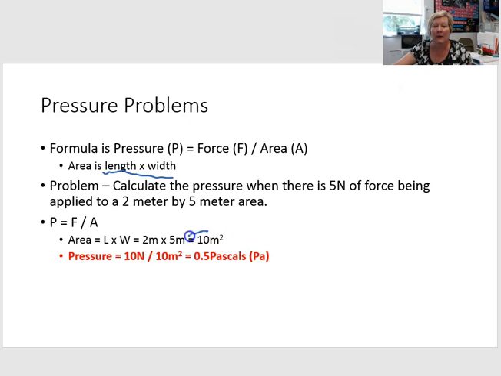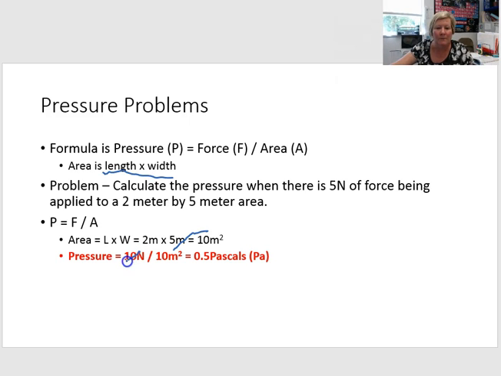We're going to plug the area into our formula. Pressure then is 10 newtons, that's our force, divided by, oh, I made a mistake here. This should be 5 newtons. All right.